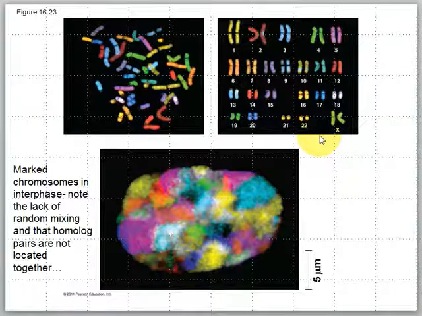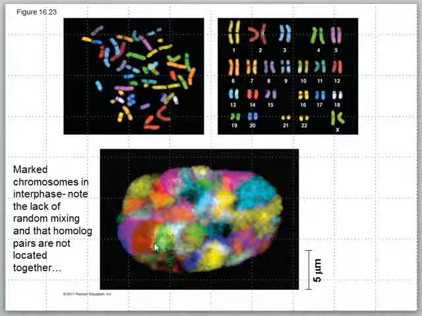So in this cool photograph, using various microscopy techniques, they've marked the chromosomes using a particular coloration of chemicals or dyes to colorize the particular chromosomes. They've marked them in interphase, and note down here, this is interphase. So this is when the chromosomes are not highly compacted and they're more diffuse.